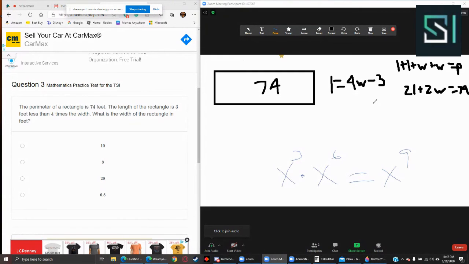That's 2 times the length plus 2 times the width. That gives you the perimeter, right? Now start substituting in. You already declared the variable, just like you do in Python. I don't know if you've gone that far yet in Python, declaring variables. So L equals 4W minus 3, right? So go ahead, keep the 2 there, and replace the L with 4W minus 3.